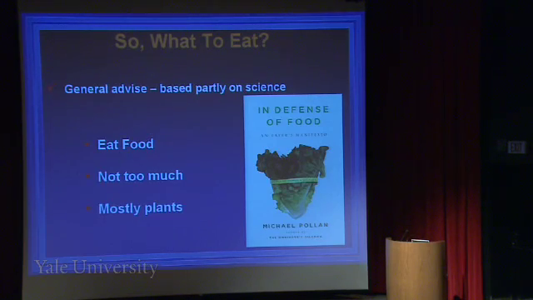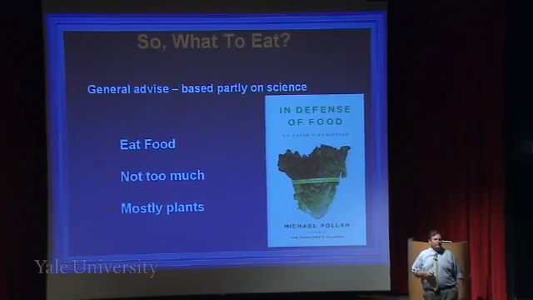Now, the first, the eat food. Well, he has a long discussion, as you'll know from the book, about what is food. And there are only certain things that qualify. So back to our initial discussion of flaming hot Cheetos, by his definition, that would not qualify as food. So if you're only eating food, you wouldn't eat things like that. And there are other things that would qualify as food.